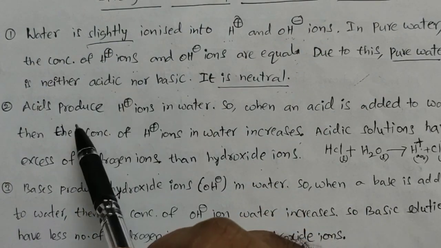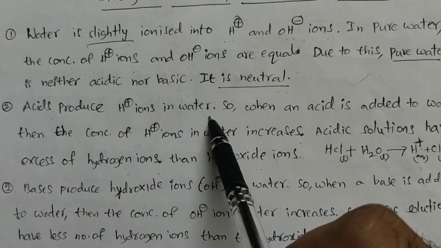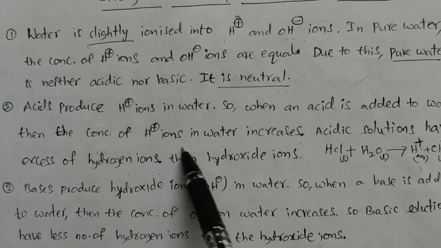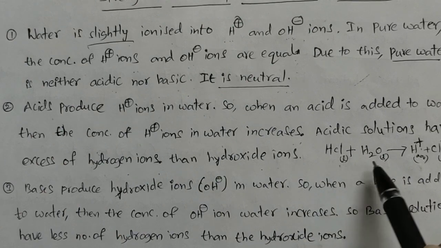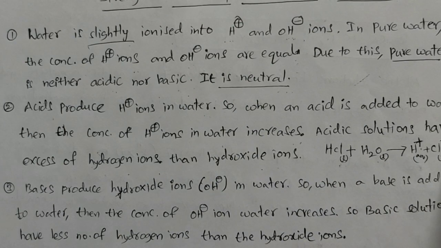Suppose we add an acid to water, what happens? Acids produce H plus ions in water. So when an acid is added to water, the concentration of H plus ions in water increases. Say, for example, HCl. If it is added to water, what happens? It ionizes to H plus and Cl minus ions, right?